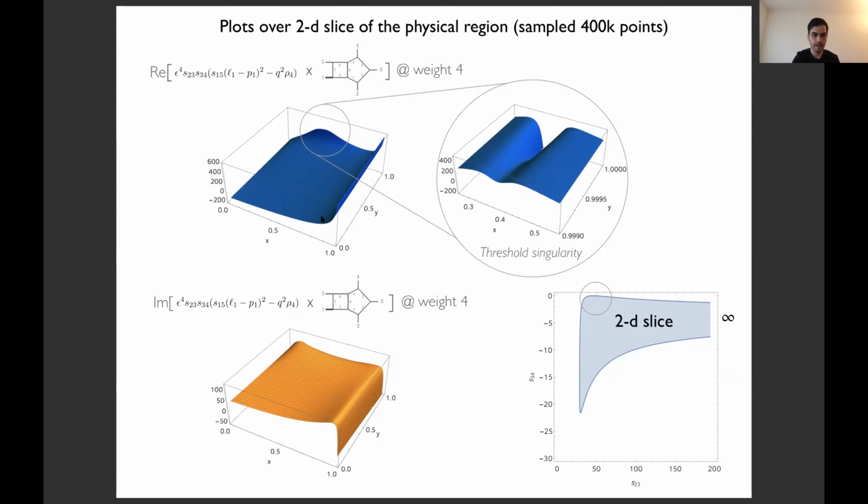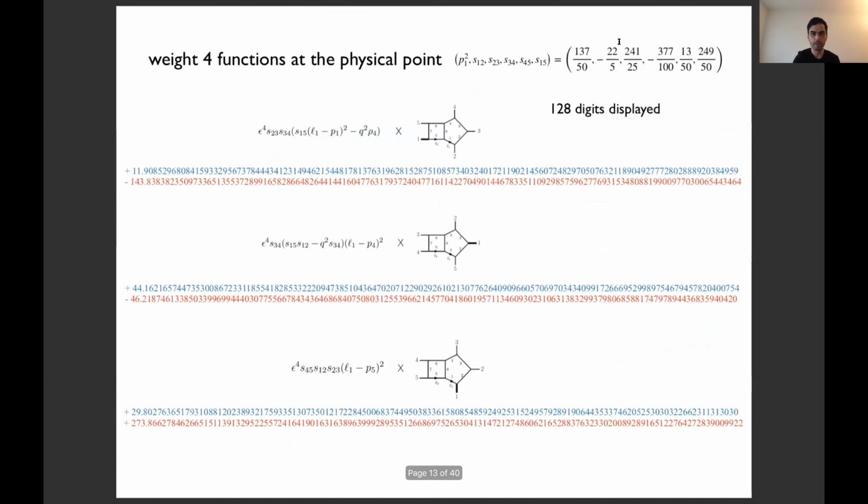And this is just a zoom in of this structure. And then this enhancement that we see on the right-hand side of the unit square is related to the point at infinity. And let me also mention that to obtain these plots, we sampled the integrals over, roughly speaking, 500,000 points. So of course, in order to do this, you need something that is quite efficient, but this is totally doable.